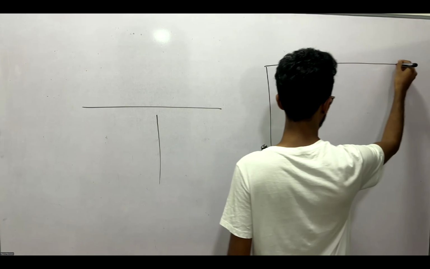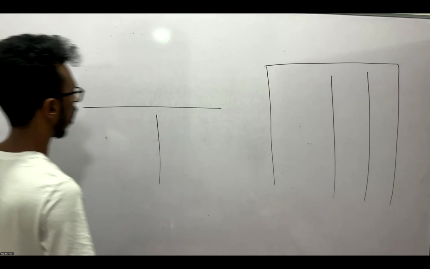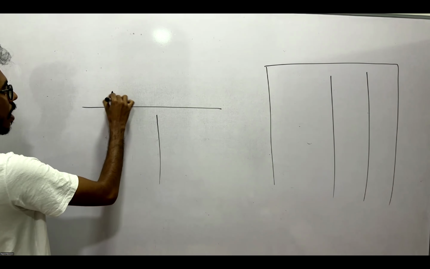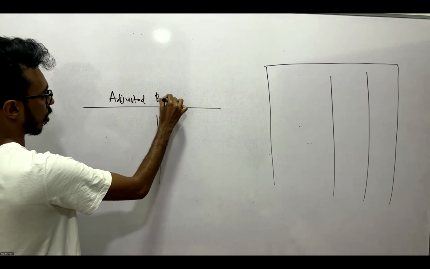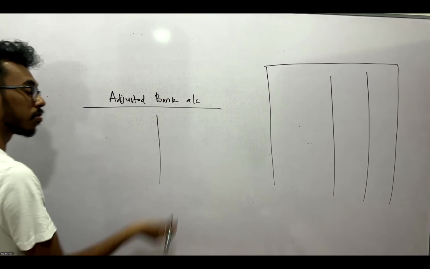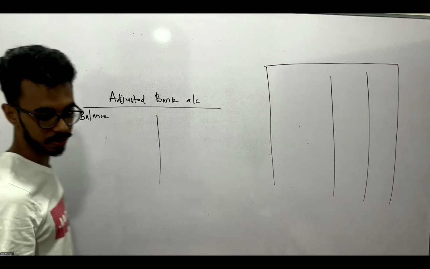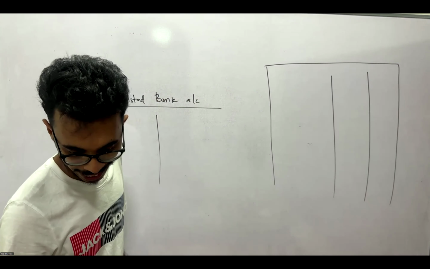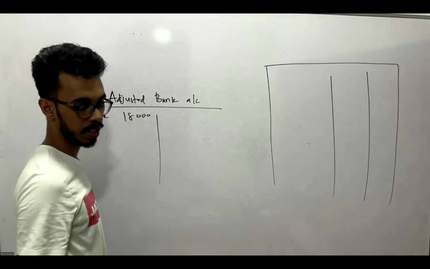So strictly, the adjusted bank account. Take the balance. The balance is 18,000, right? They have given the balance as 18,000. You have to put it here.